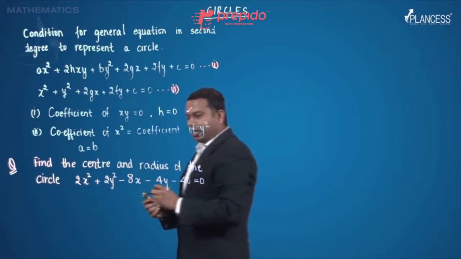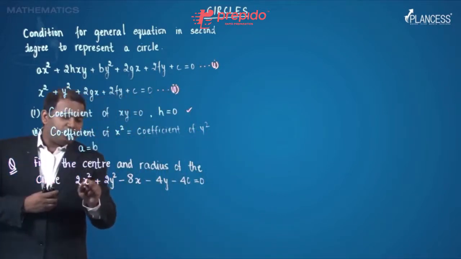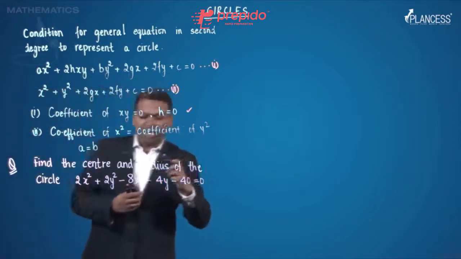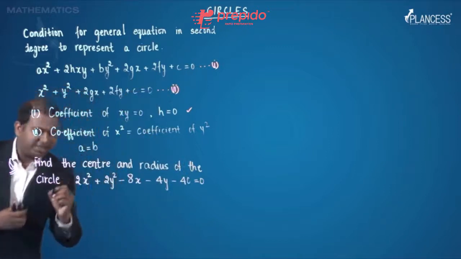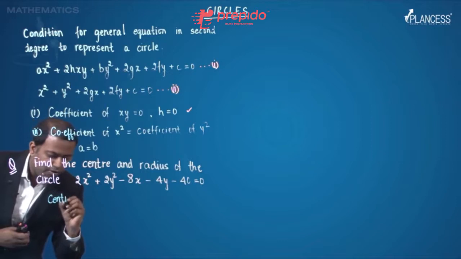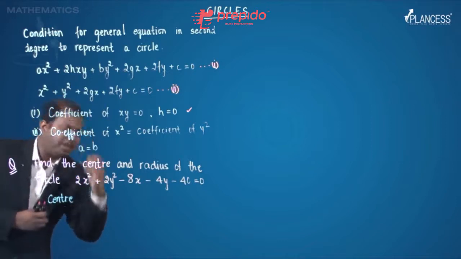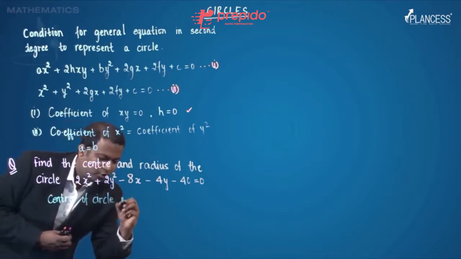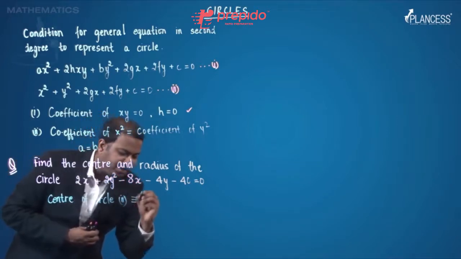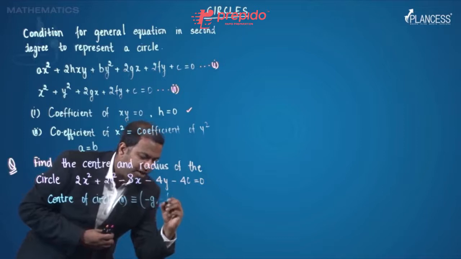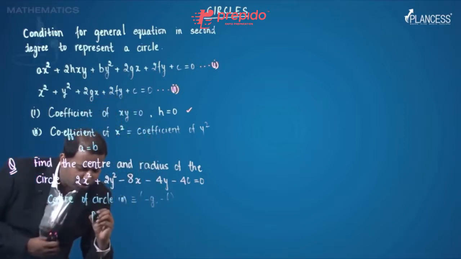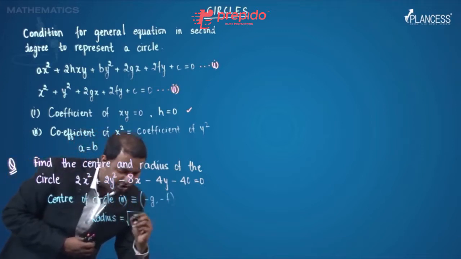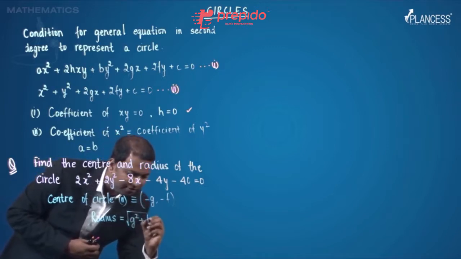The first step is that we want to make the coefficient of x square equal to 1, because after that we know the simple formula that for equation number 2, the center of the circle represented by equation 2 is equal to minus g comma minus f, and the radius will be equal to the square root of g square plus f square minus c.